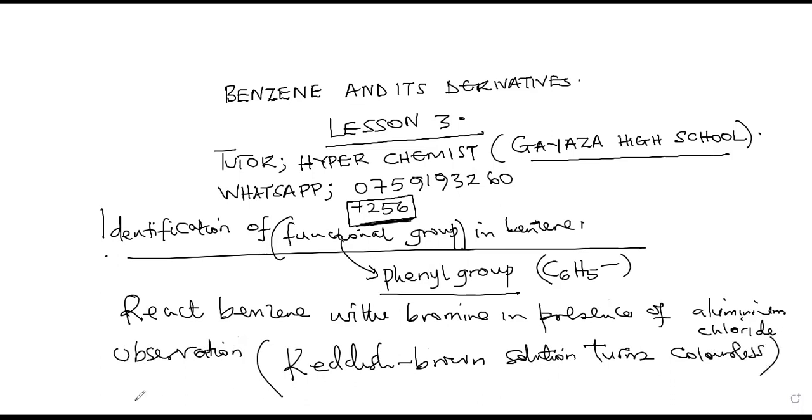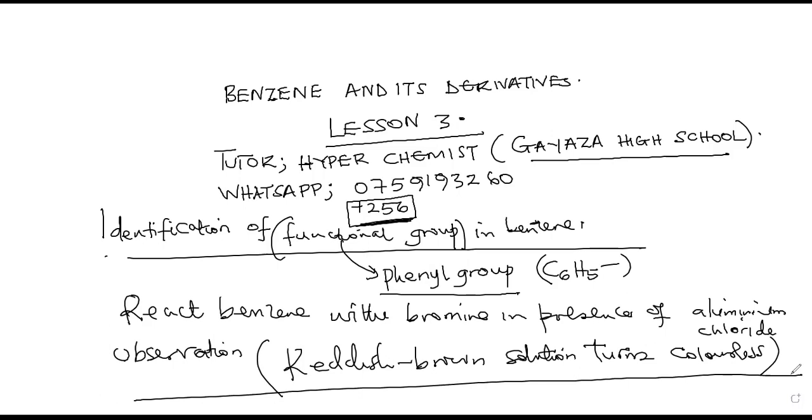So this is how best you can identify the functional group in benzene, or the phenyl group. Basically, we treat benzene with the bromine in presence of aluminum chloride, and observation of a reddish brown solution turning colorless will tell us that yes, it was a phenyl group in this substance.